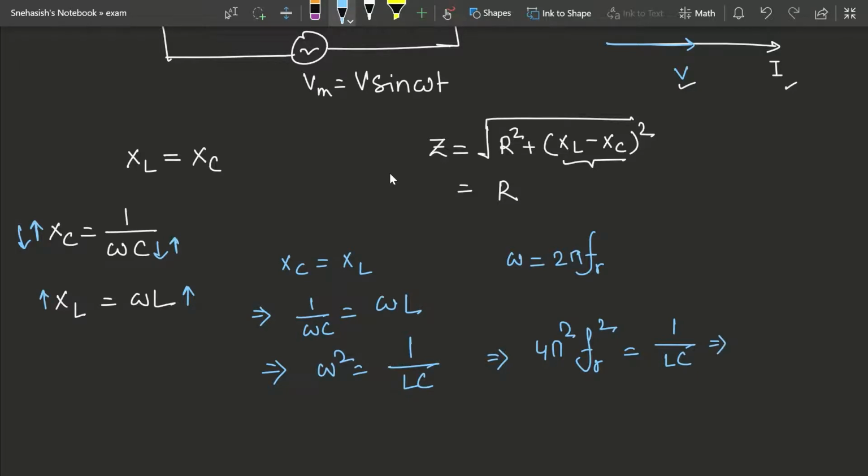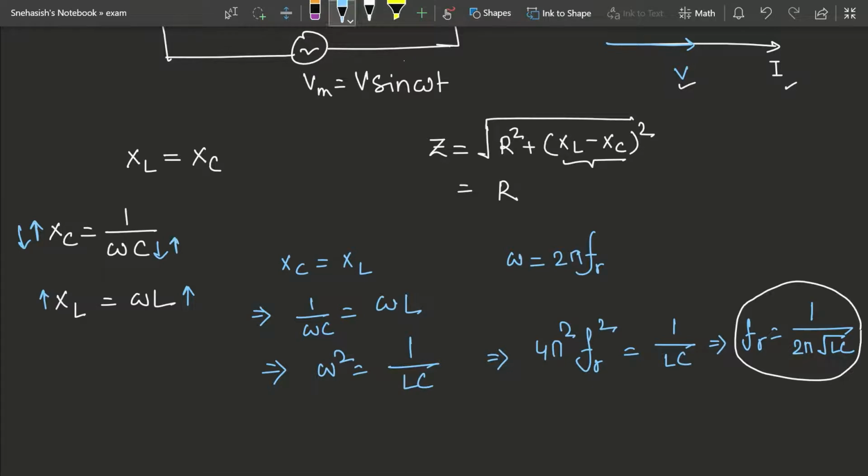That implies FR equals 1 upon 2 pi square root of LC. I am doing a small step jump here, hope you will understand that. So the final result is this.